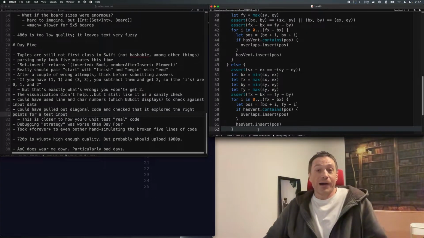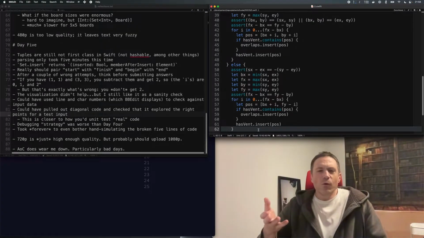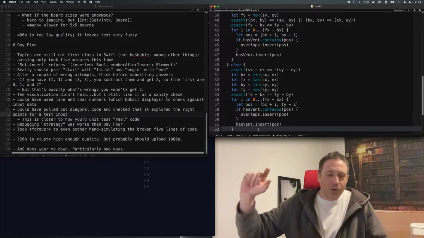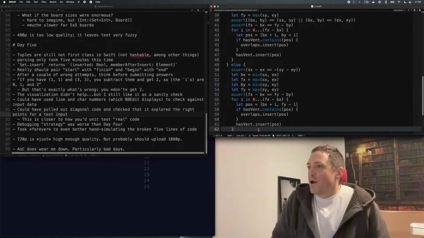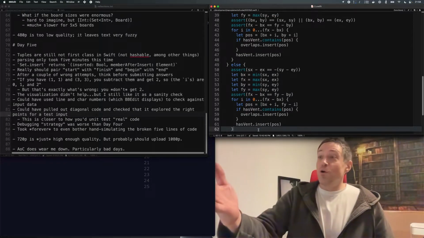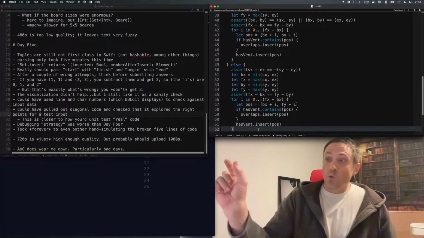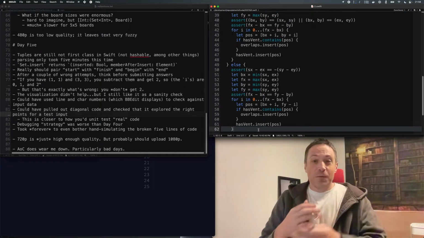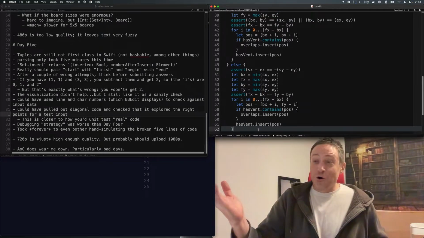But I didn't do that either. If you were writing real production code, you would probably unit test little things like that. In fact, that would be the first test you write. If you were doing test-driven development, you would have put in 1133 and checked that it hit those things before you even wrote this code.